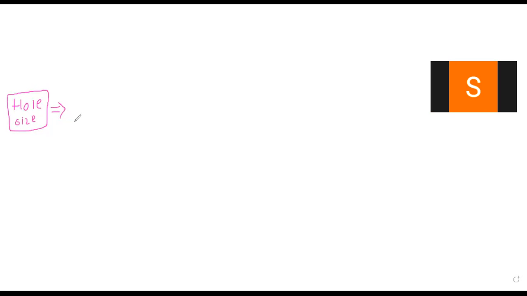So first, I will write here the fundamental deviation for the hole sizes. Suppose this is the hole size. Then which letters do we use to show the fundamental deviation for the hole?